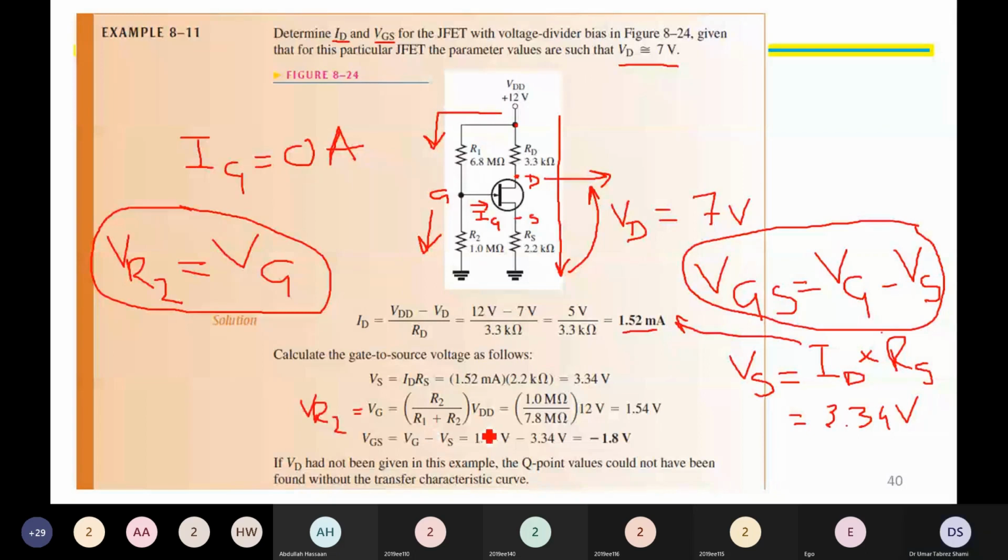This is the voltage divider formula for R1 and R2 multiplied by VDD, and it becomes equal to 1.54 volt.